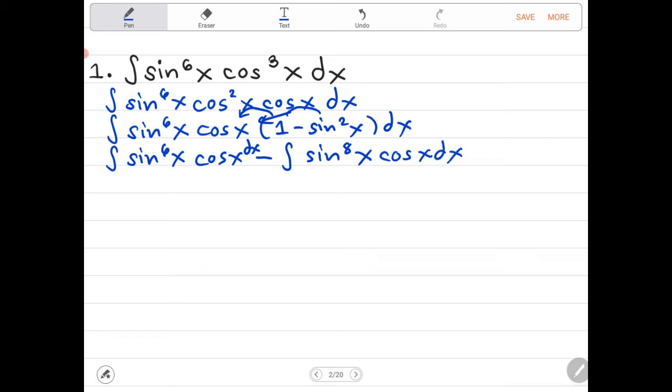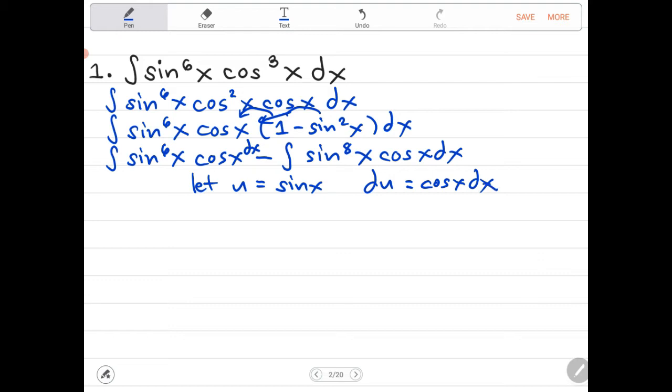Okay? So, what is the purpose of doing that? We all know that the derivative of sine is cosine. So, we are going to use u. Then after that, we can now integrate it. Again, let u as sine x. Then what is the derivative of sine x? Derivative of sine x is cosine x dx.